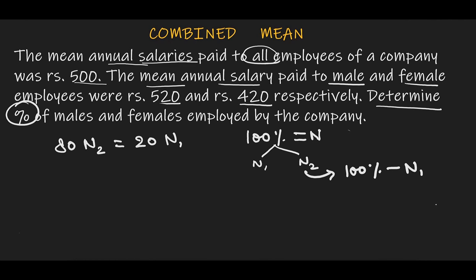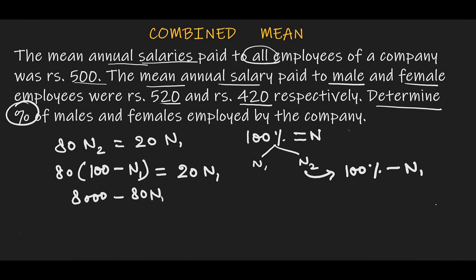Suppose there are 100 workers, then we can calculate N2 by subtracting N1 from 100. So we write 80 multiplied by 100 minus N1, because we are calculating in terms of percentage. So 80 times 100 minus N1 is equal to 20 N1, so it will be 8000 minus 80 N1 is equal to 20 N1.